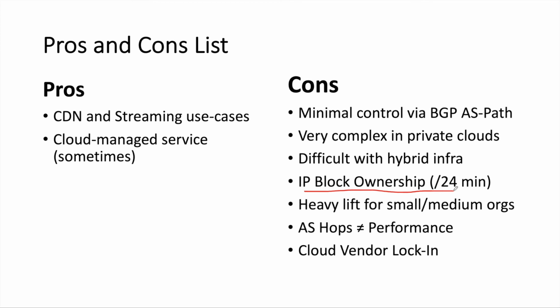You need to own at least a /24 IP block, and you need to get permission to advertise that IP block from a number of different locations. So not necessarily a bad thing. It's just there's some regulations you have to worry about. You certainly need to be registering with different organizations and probably coordinating with multiple service providers. That means that there's a lot of complexity here that if you use a DNS-based solution, just doesn't exist.